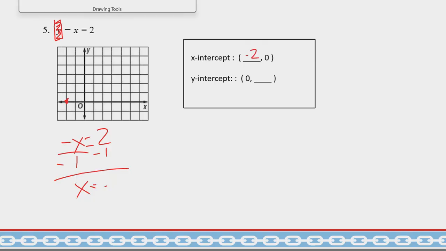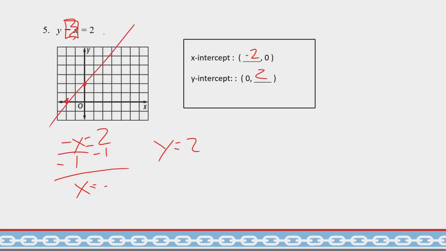And then I will find the y-intercept. And to do that, I cover up x, right? And I am just left with y equals 2. Right, so right there. And then I connect them. If you wanted to full algebra this to find the x-intercept, we already know here that y is 0: 0 minus x equals 2.